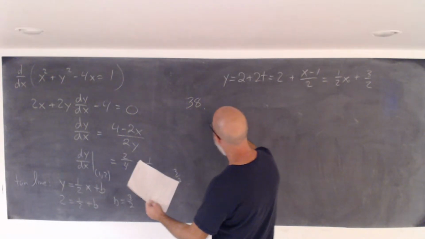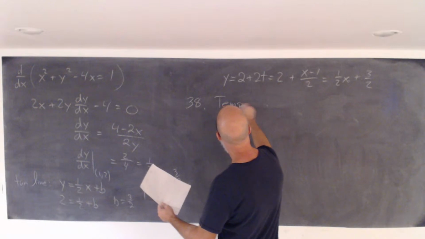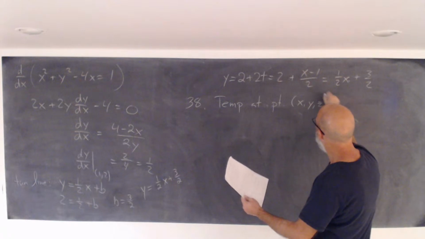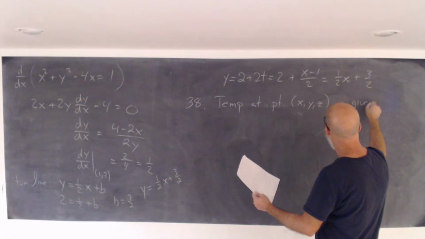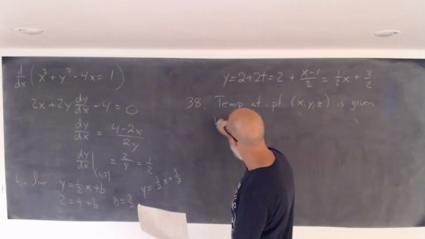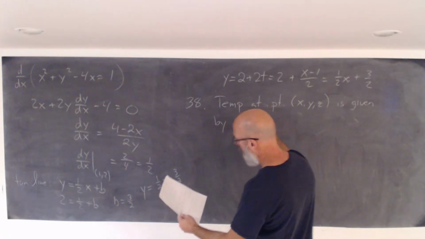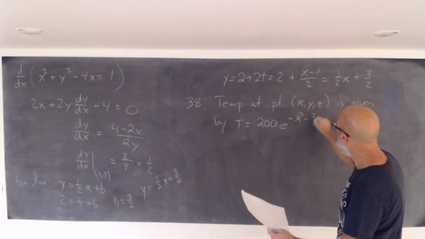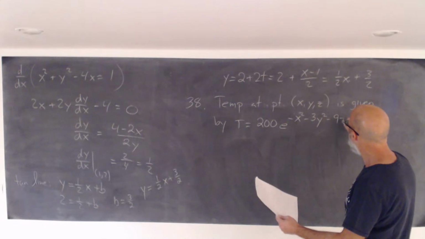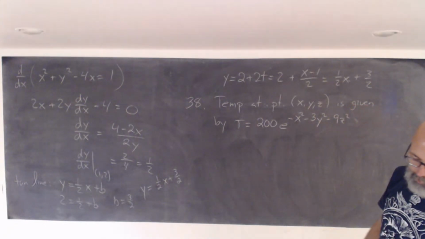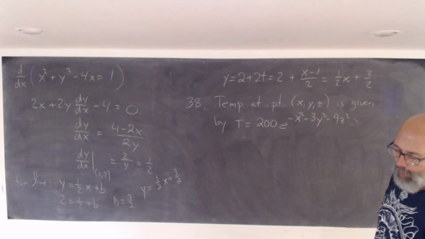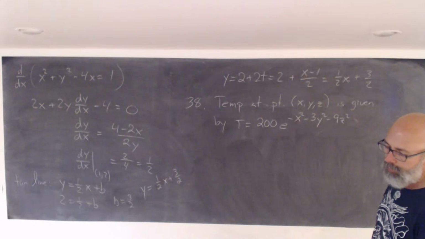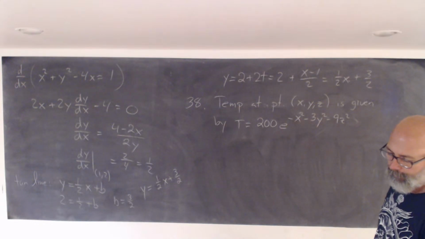Suppose the temperature at a point (x, y, z) is given by T, where T is in degrees Celsius and x, y, z is in meters.